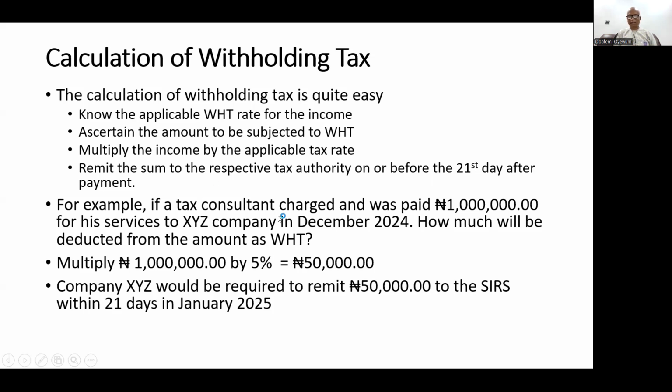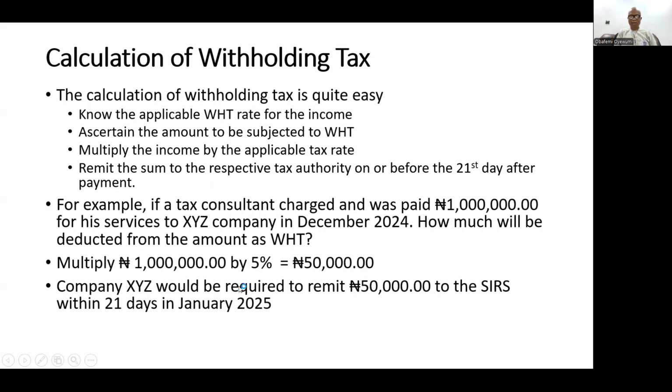For example, look at this: a tax collector was paid 1 million for his services to XYZ Limited company in December 2024. How much would be deducted from the amount as withholding tax? You multiply the value of this transaction, 1 million, by 5%, and that gives 50,000.